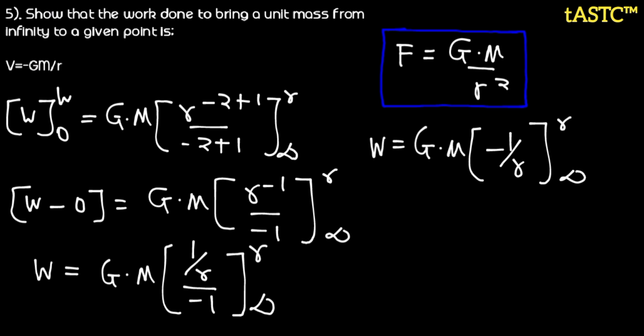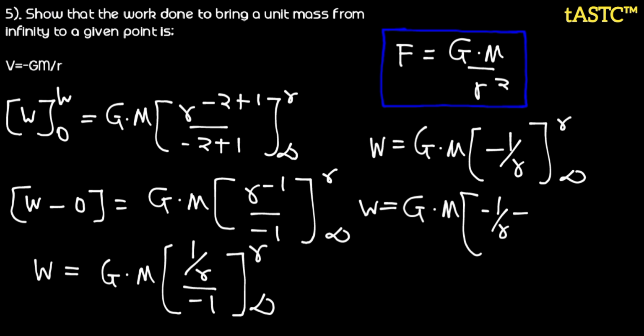Now next up, just as we did on the left hand side in the previous case, we're going to take this and substitute r in the first case and subtract the substitution of the lower limit. So this is going to be W, equal to G multiplied by M, and here we're going to have a minus 1 over r. That is the first one.